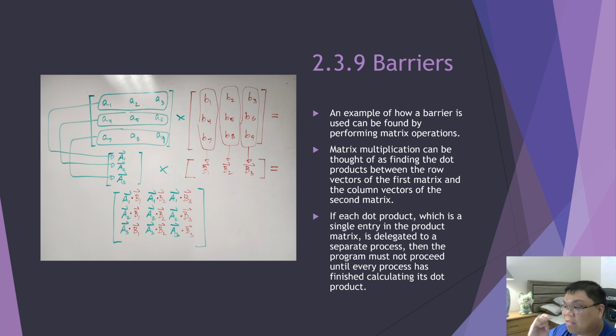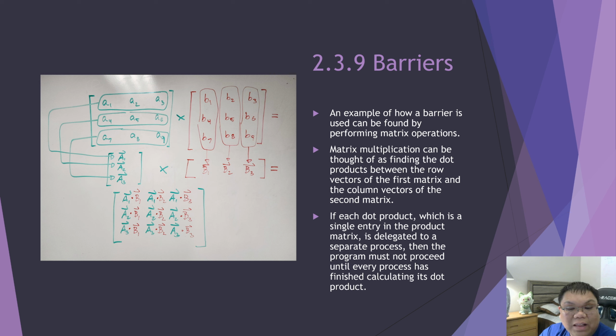So you could imagine synchronizing several processes so that they work on one dot product at a time. Although with this small an example, you probably would just assign one dot product to each process.